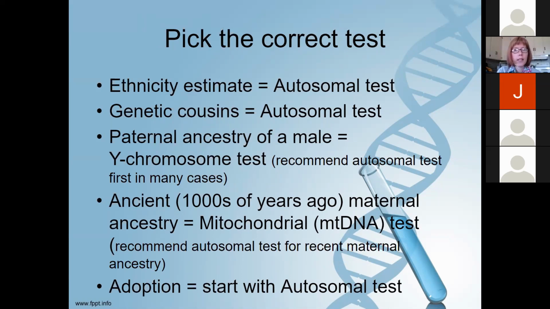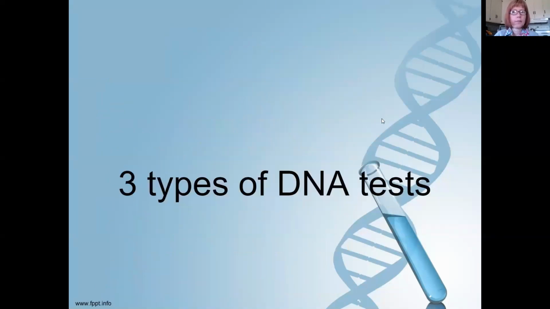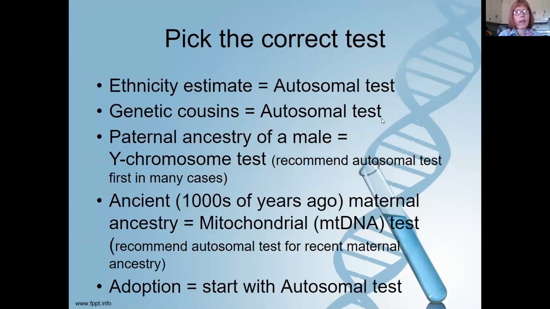If you want to find genetic cousins on all sides of your family tree, that's the autosomal test. If you want to find out the paternal ancestry of a male, that's the Y chromosome test. Your maternal ancestry, mitochondrial DNA test. And adoption, you want to start out with an autosomal test. You can move on to different tests later on if you need to.